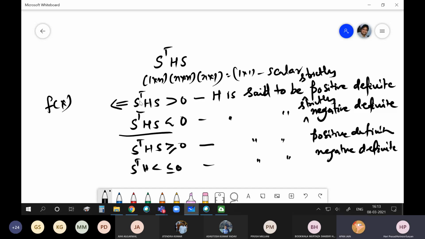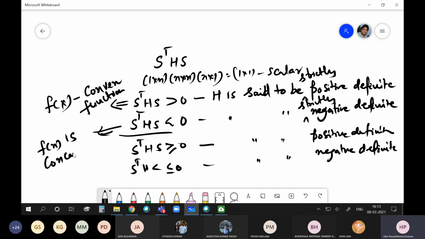If we can prove that S transpose H S is greater than or equal to 0, then f of x will be a convex function. If this is less than 0, then f of x is a concave function. If a function is a convex function, what do we get, minima or maxima?